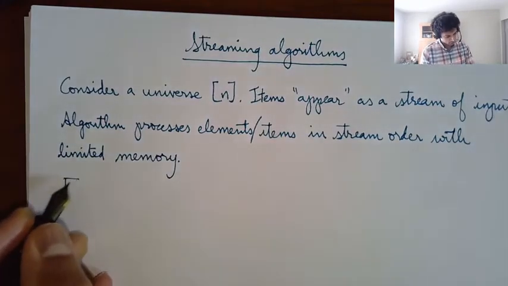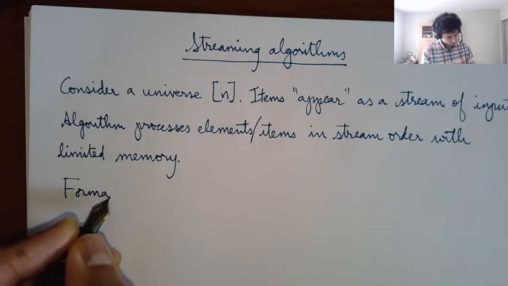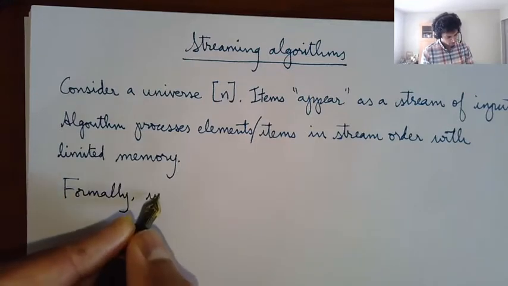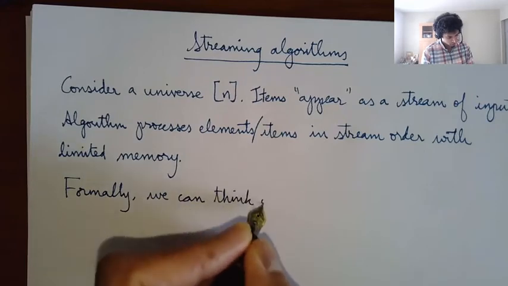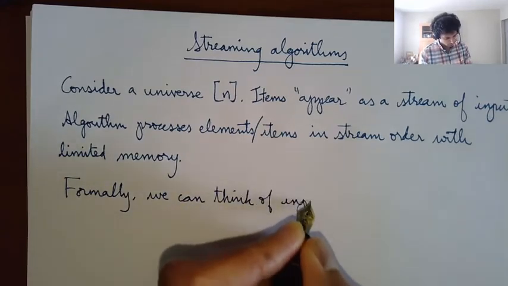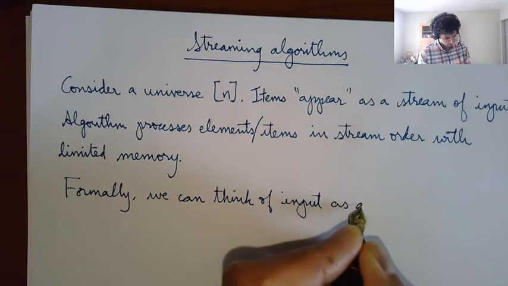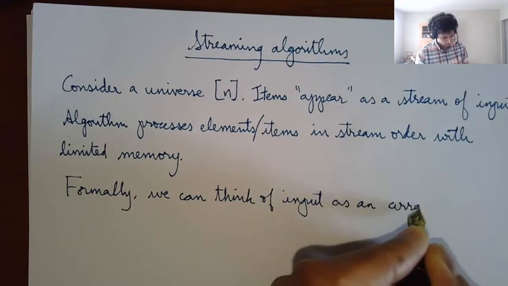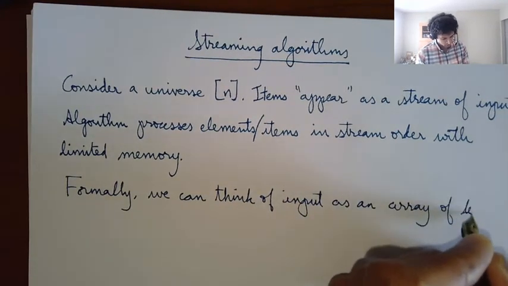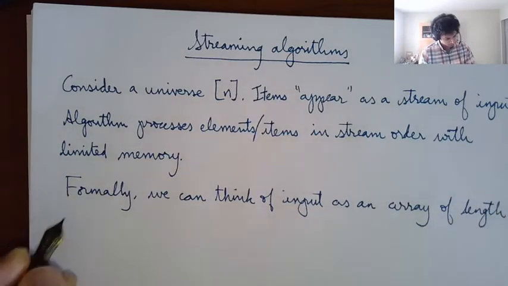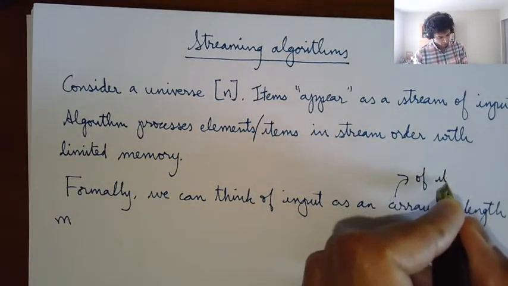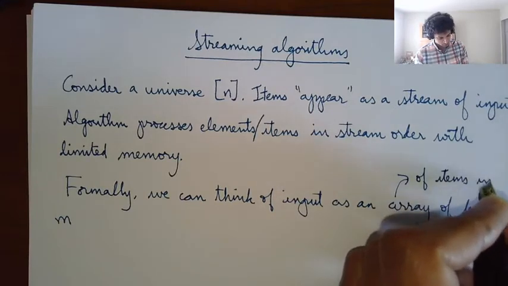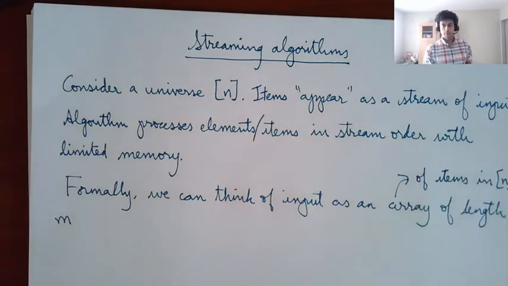So formally, we can think of the input as an array of length m, and this is an array of items in [n].